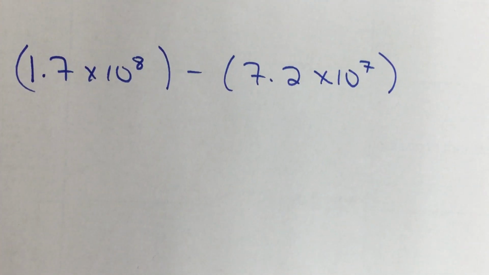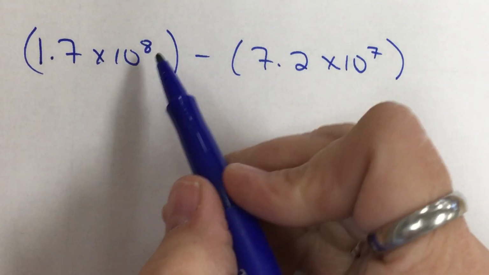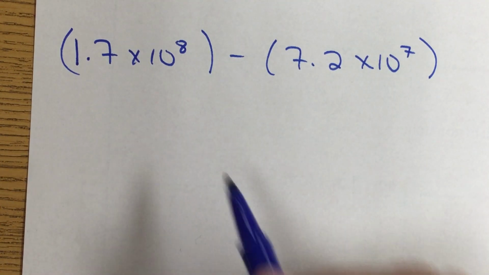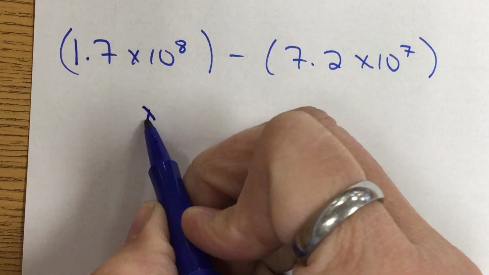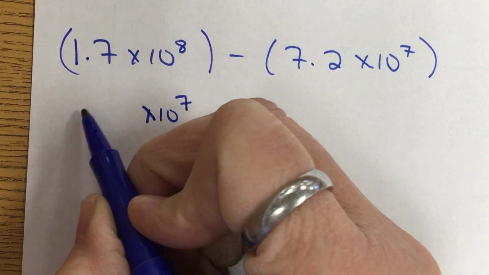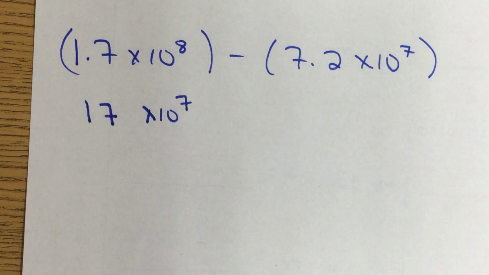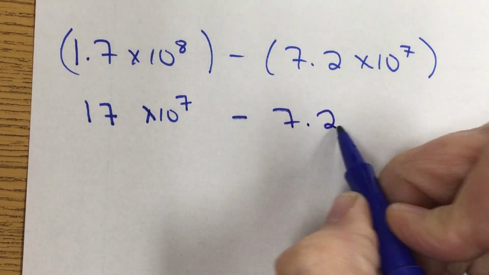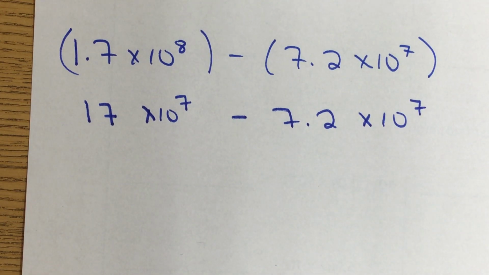So the example we're going to do here. I need my exponents to be the same. But right now this is an 8. So I need to make it be a 7. This says it's big. I need to go down 1 here. So that means I need to make this bigger by 1 decimal spot. Then over here, then I subtract.